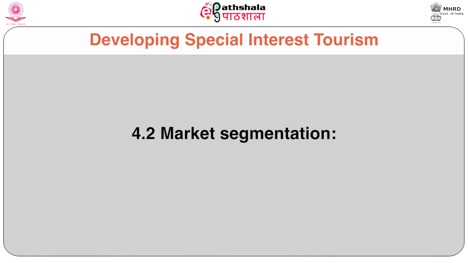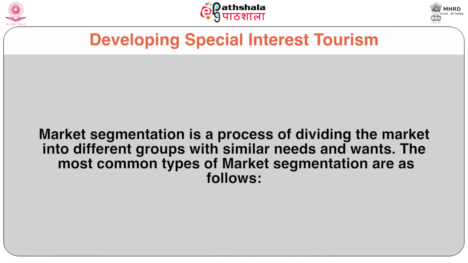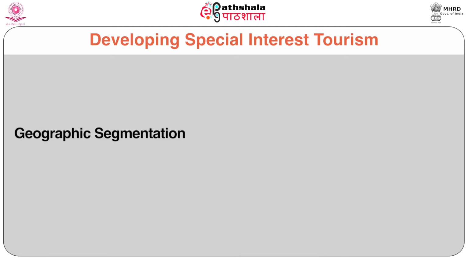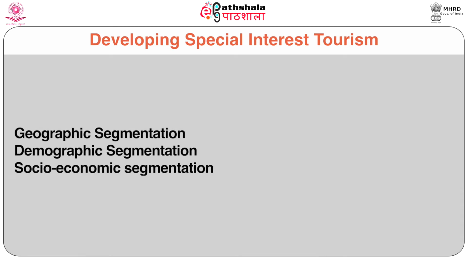Market segmentation. Market segmentation is a process of dividing the market into different groups with similar needs and wants. The most common types of market segmentation are as follows: geographical segmentation, demographic segmentation, socio-economic segmentation, psychographic segmentation.